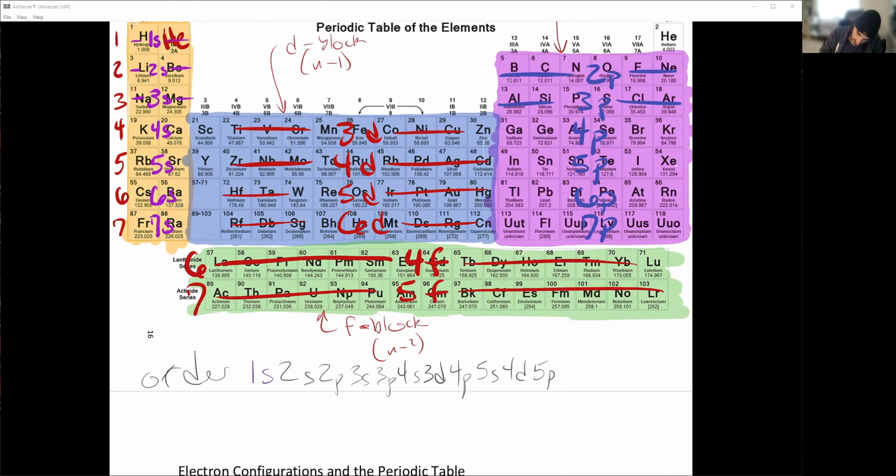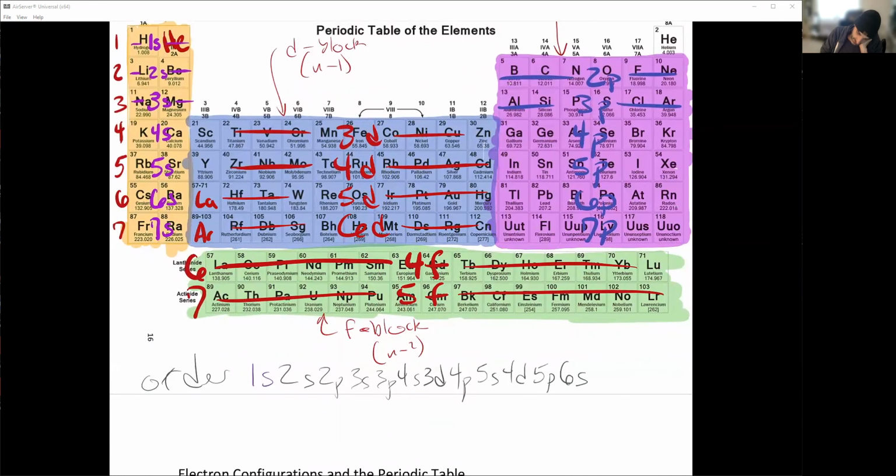The 6s. And here's where it might get a little bit tricky. 6s, and this is the weirdest part. So 6s fills next, and we actually put in 1, 2, 3, 4, 5, 6, 7, 8, 9, 10, 11, 12, 13, 14, 15. These two, most of the time, are written up here. And so I should actually add those LA and AC. So in fact, I should probably just remove those from there altogether.